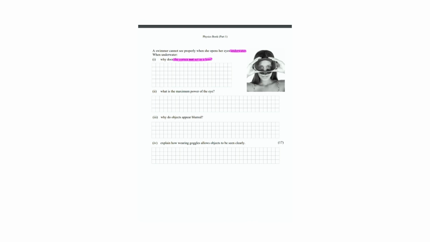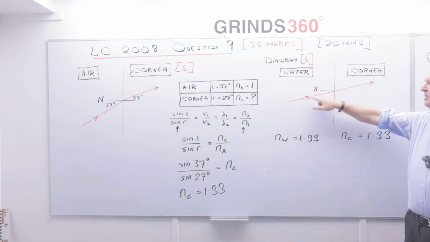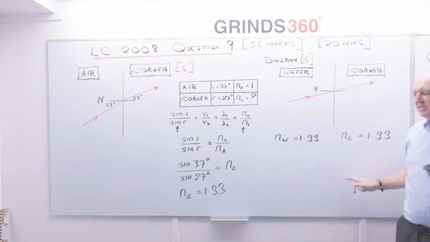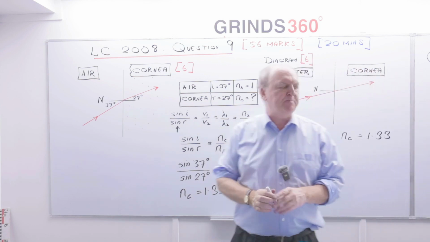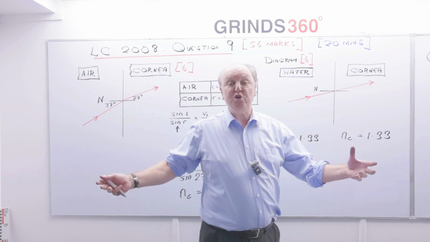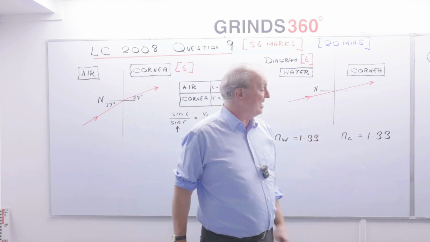Well, it's what we've already said in our diagram. Why does it not act as a lens? We've already said, when light goes from water into the cornea, because they have the same refractive indices and therefore the same speeds, the light doesn't bend. And that's what a lens does. A lens bends light.